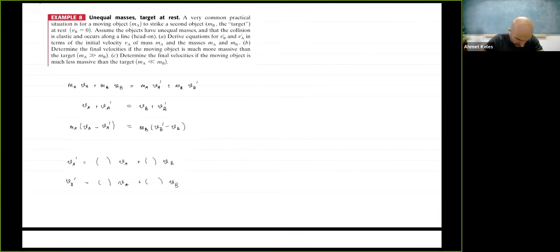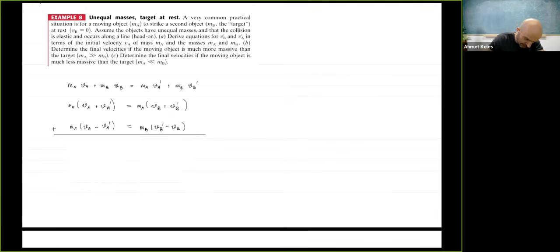If I multiply this one by MA on both sides and sum these things, now you know what I'm trying to do. I can delete this.